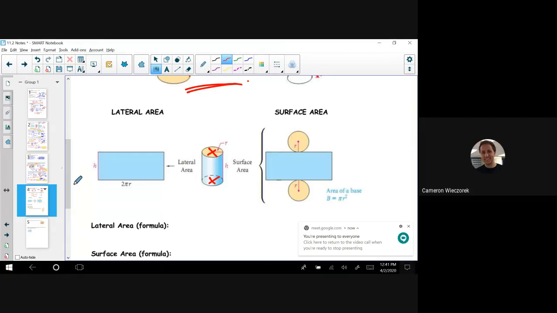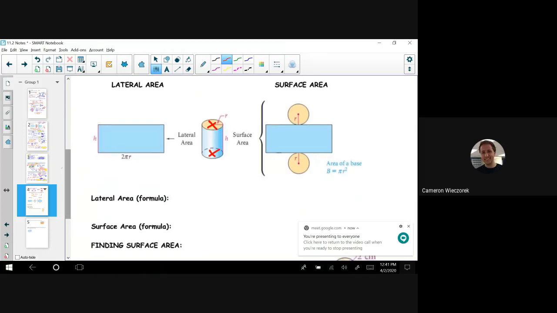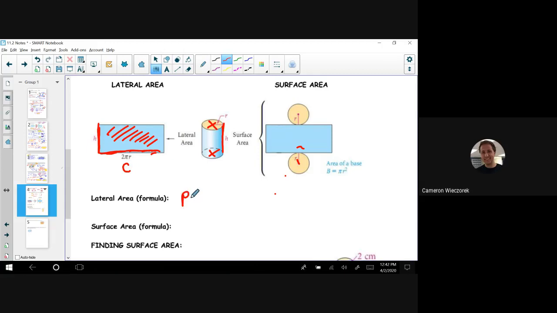So the lateral area, if I don't include those circles I just showed you unfolded, this length just turns into the circumference of the circle. And the height of the cylinder is still going to be the height of the rectangle. I didn't change that. So the lateral area, if I was to just take the area of this rectangle, base times height would be the circumference, or the perimeter of the base, times the height.